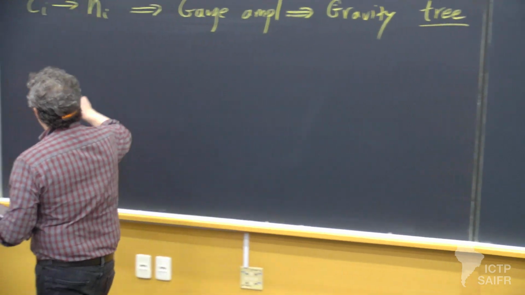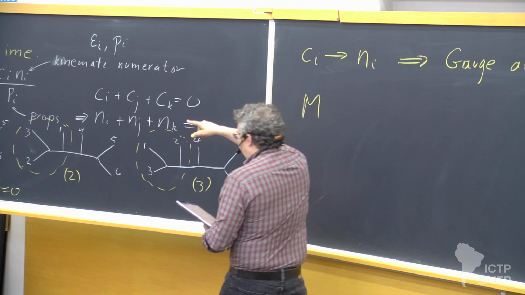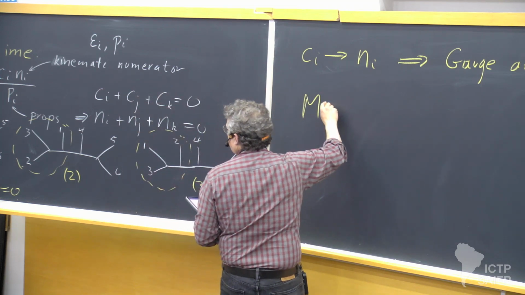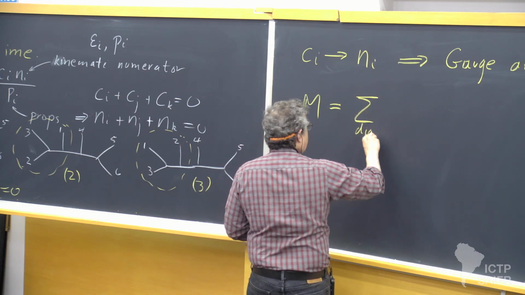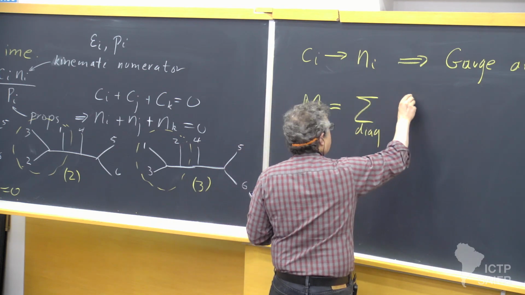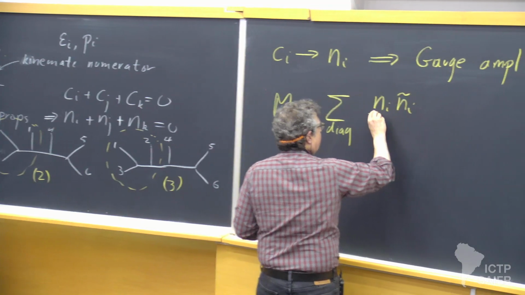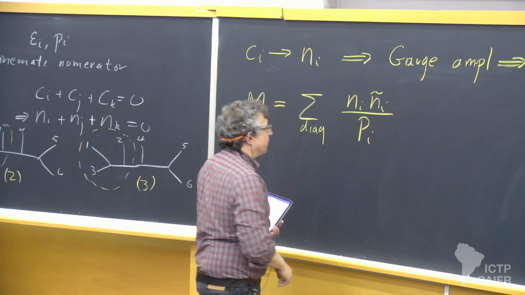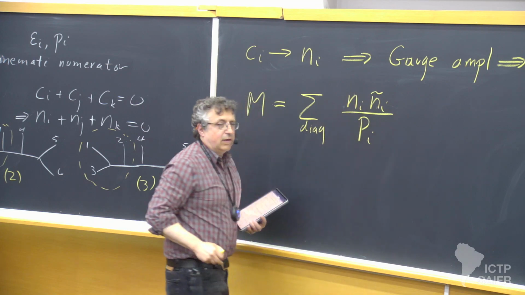Now, let's just write down gravity. So here's the final answer. If I have that and I've done this, then my gravity amplitude is free. I'd write down, this is the double copy relation, N_i, and let me write it as a tilde, and there's a set of propagators. The tilde just means that these two theories don't have to be the same.